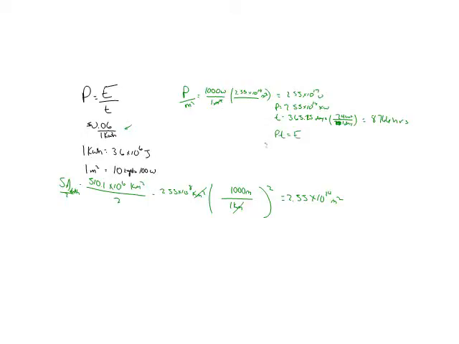So kilowatts times hours is 4 times 10 to the 18. This is kilowatt hours.